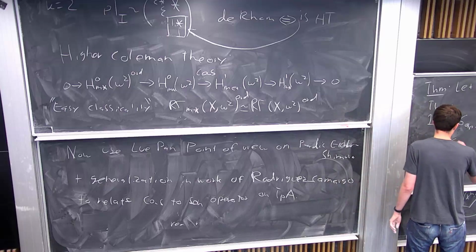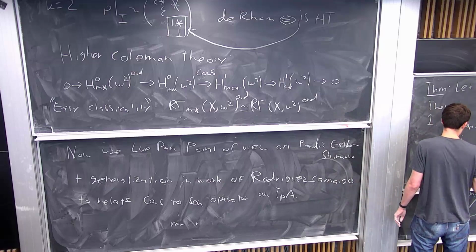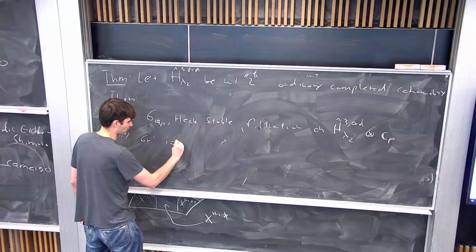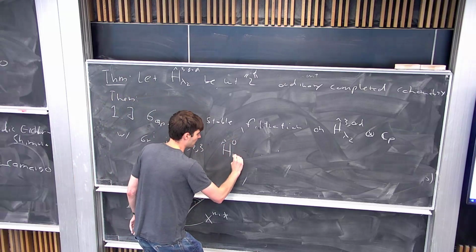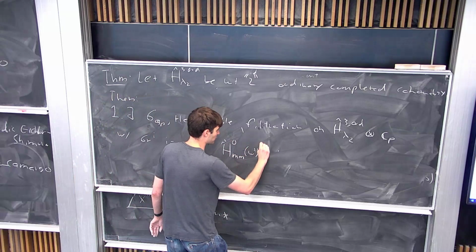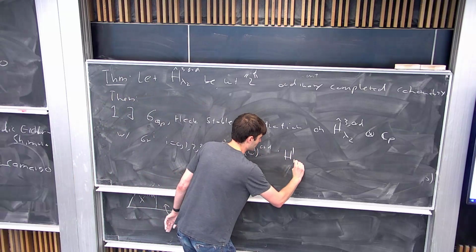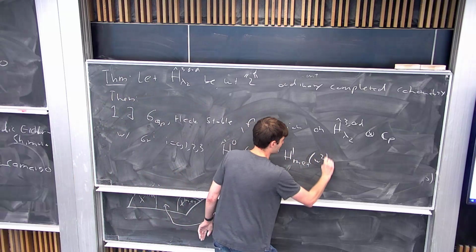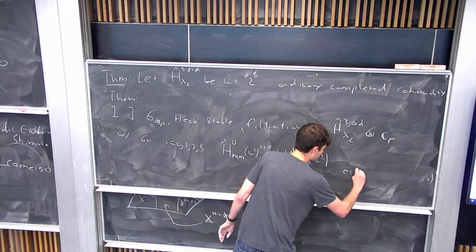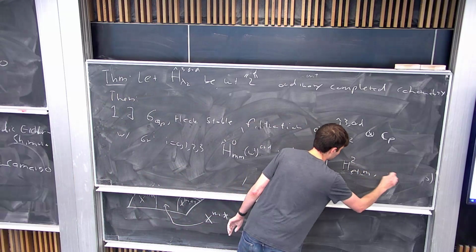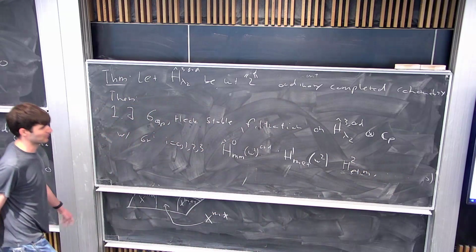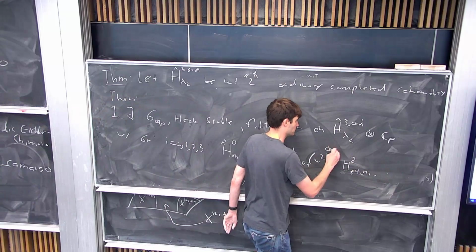So the graded piece i for i equals 0, 1, 2, and 3 is the sort of H0 of M omega squared ord, H1 et omega squared, and then H2 et and so on. It doesn't really matter because we're not going to use the rest of them.